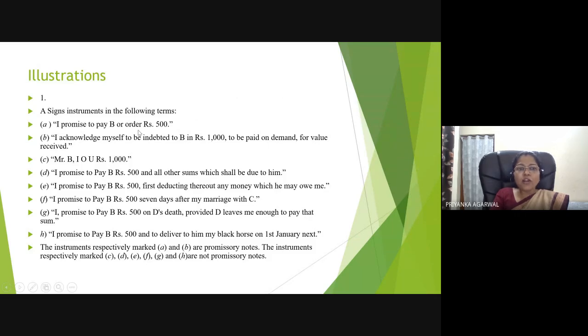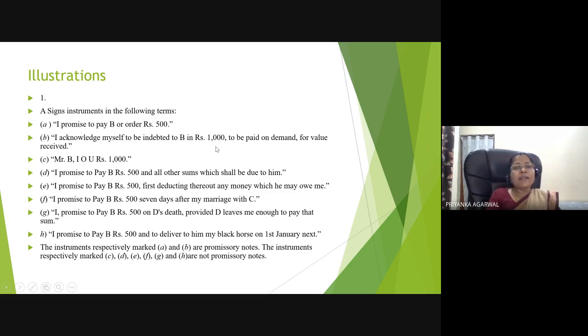See, B or order means B can further endorse it, and it is a valid promissory note because here it is mentioned that there is a certain person, and the amount is also certain, so it is a valid promissory note. I acknowledge myself to be indebted to B in rupees 1000 to be paid on demand for value received.